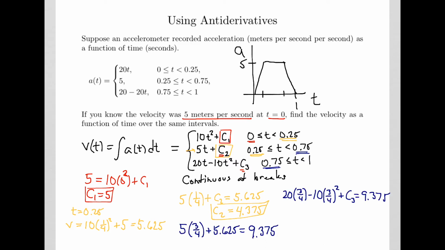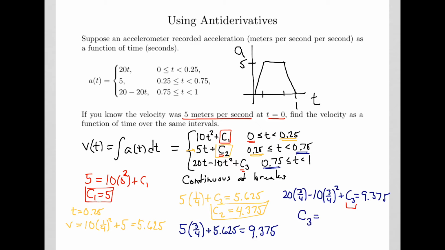So I use the second formula with t equals 3/4, and I get a value, my velocity is 9.375. And now what I'll do is I will go back and I'll say, alright, I want to calculate the formula using the other velocity, or the third rule. So I put in 3/4 for time on that rule, and I should equal the same velocity. And now I can calculate and solve for C3.